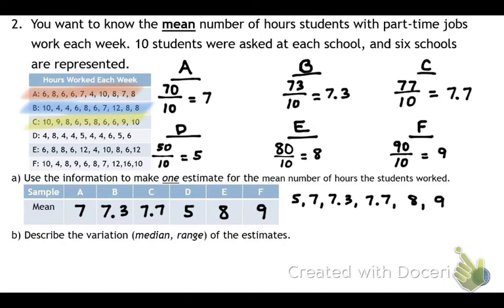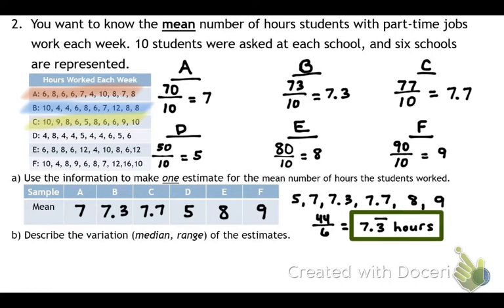So if you add all of those up together, what do you get for the total number of hours? 44 is correct. Now we've got 44 divided by, how many schools did they ask? Divided by 6. What is 44 divided by 6? 7.3 repeating. So this tells us that 7.3 hours would be the mean number of hours that the students worked.